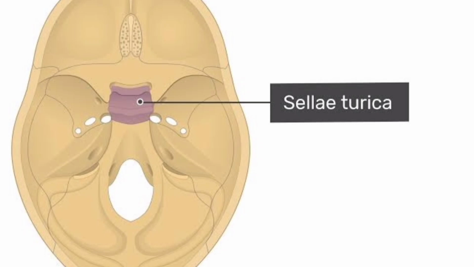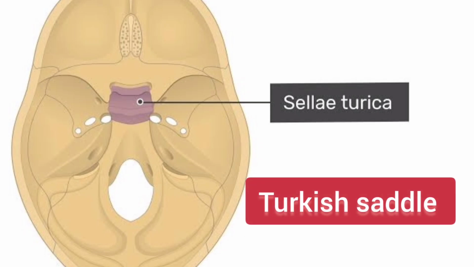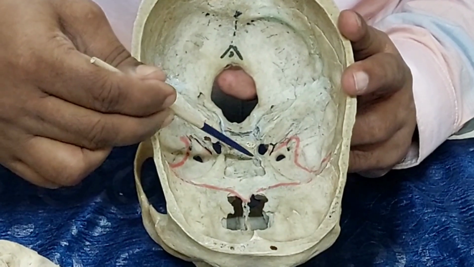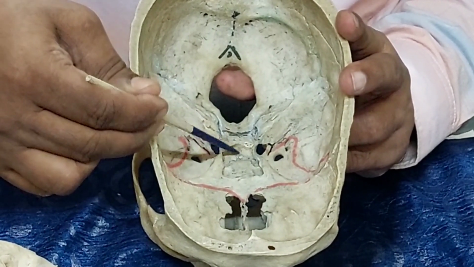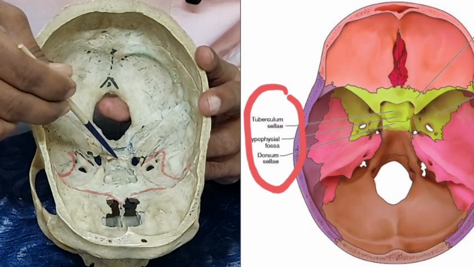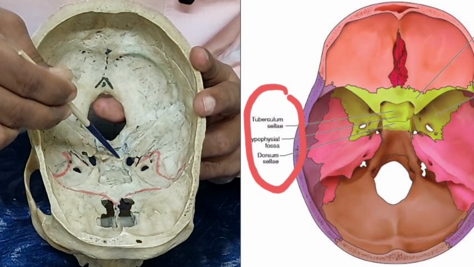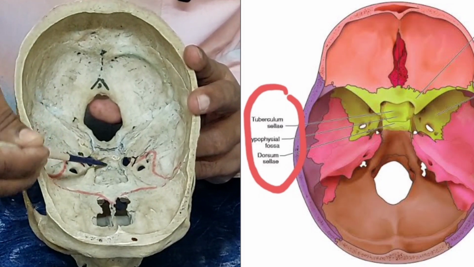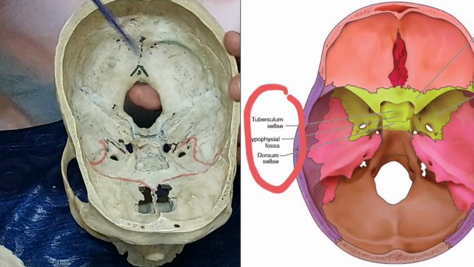The name is due to the fact that it resembles the shape of a Turkish saddle, and it is formed by three structures: anteriorly the tuberculum sellae, then the pituitary fossa, and posteriorly the dorsum sellae. So these three together are called the sella turcica.